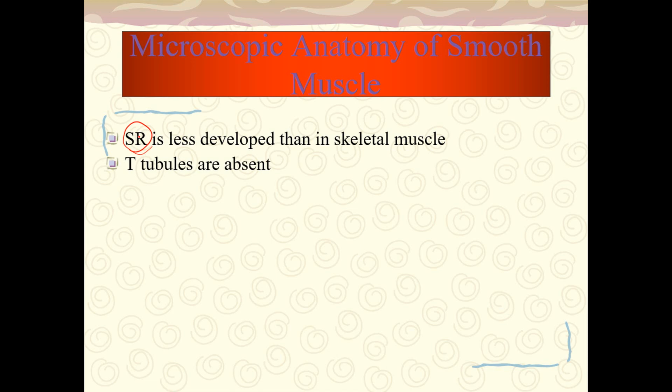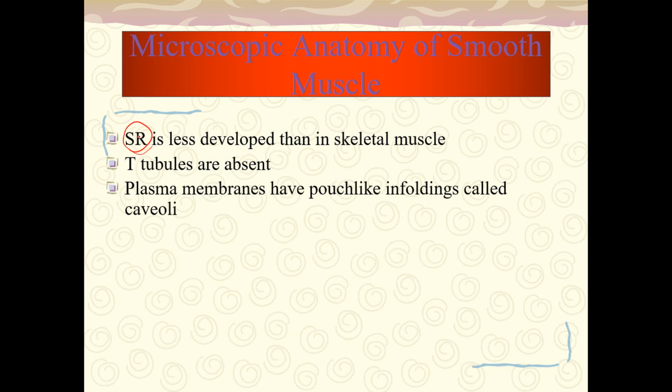Well, there are going to be these infoldings called caveolae. So the plasma membrane of a smooth muscle cell will go like that. And then there's going to be all of this calcium in that caveola. All right, I just have to go quick.